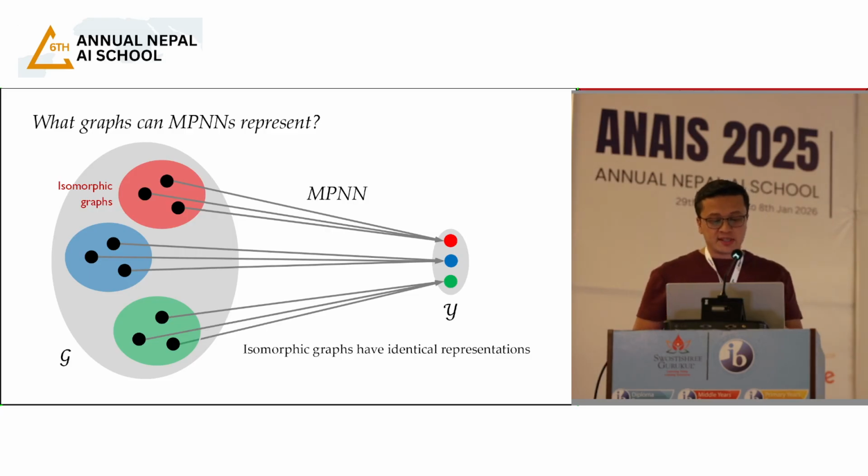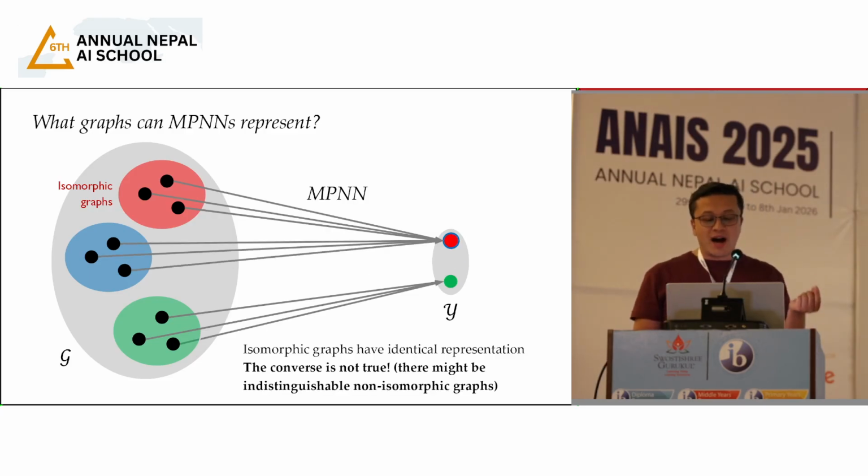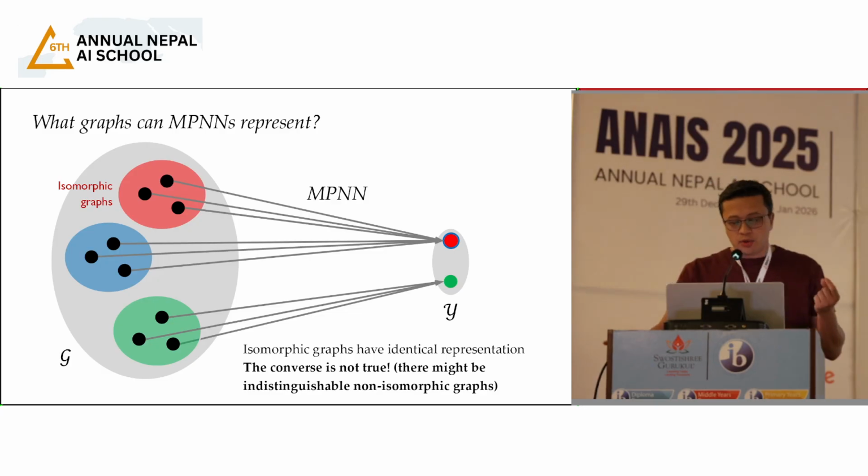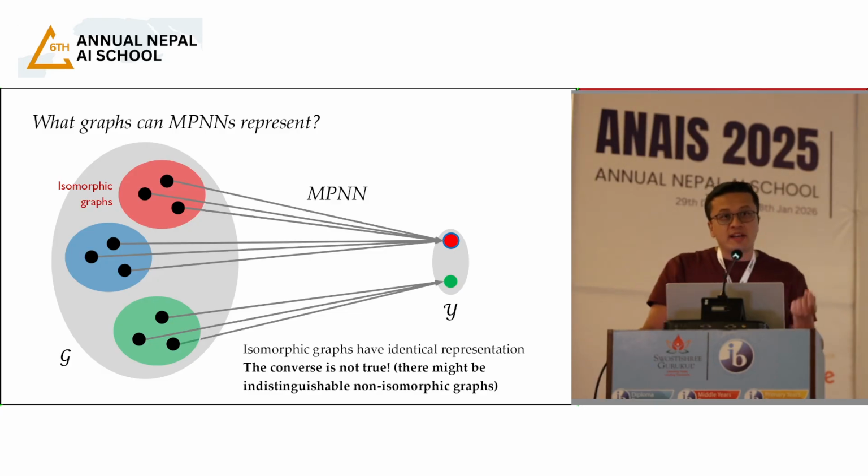But the discussion is a bit more delicate because we also ideally want to have the converse also true. So ideally what we want is whenever they are non-isomorphic, the representations that I produce should be different, even if slightly, right? Because I would like to be able to tell that, okay, these graphs are different from each other, right?